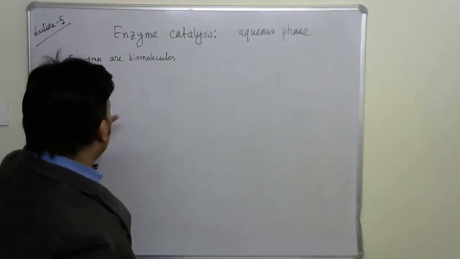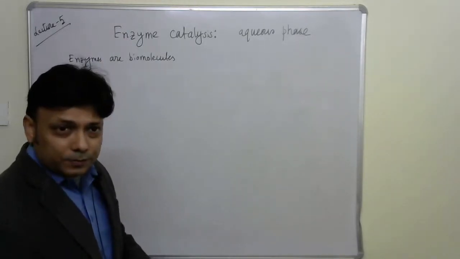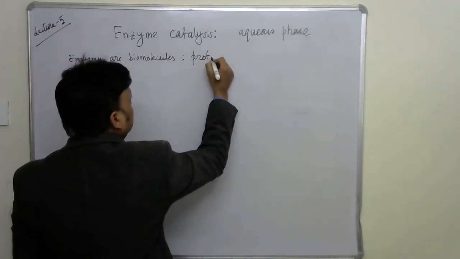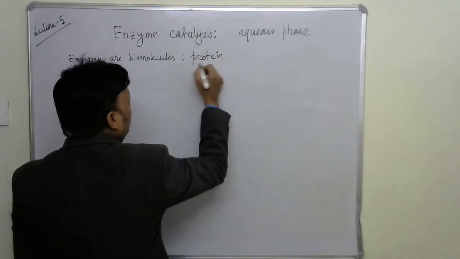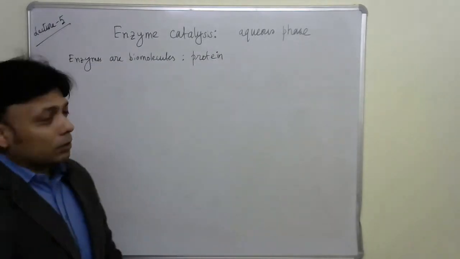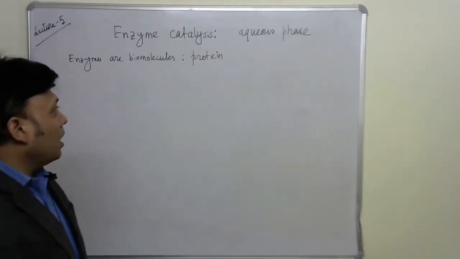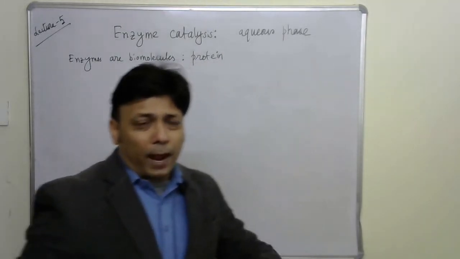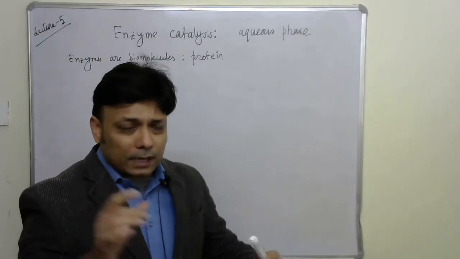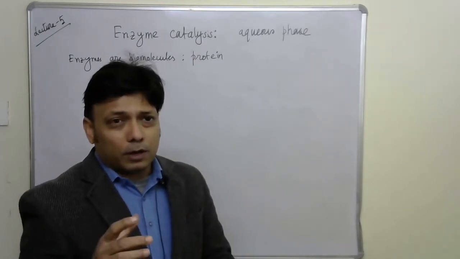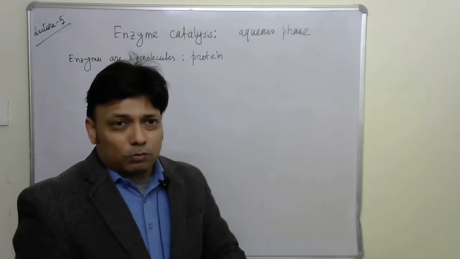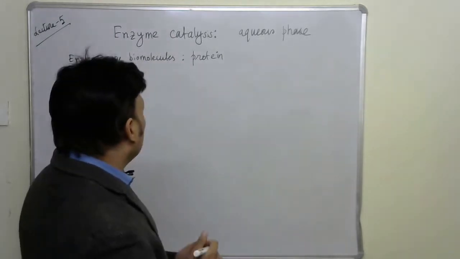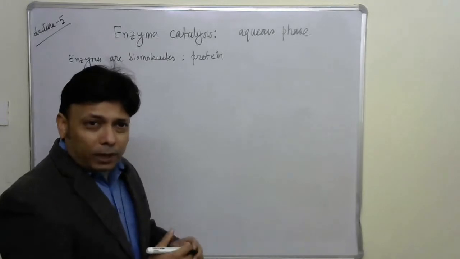Now enzymes are biomolecules, and these come under a category of biomolecules called proteins. And the protein molecules are macromolecules of small segments, and we call them peptides. So a protein basically is a polypeptide, and its structure is very complex.